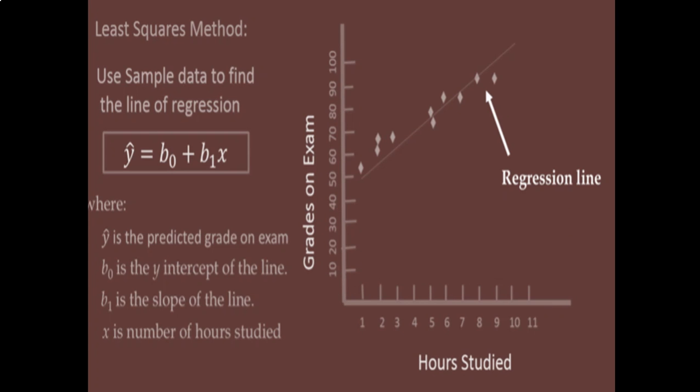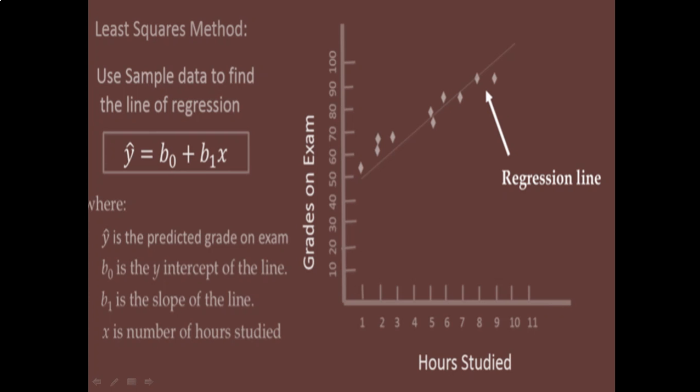We use sample data to find this regression line. And the equation of this line will be y hat equal b naught plus b1x, or as we took it in the lecture, y hat equal a plus bx. It is the same, where y hat is the predicted grade on exam, b naught is the y-intercept, b1 is the slope of the line, and x is the number of hours studied.